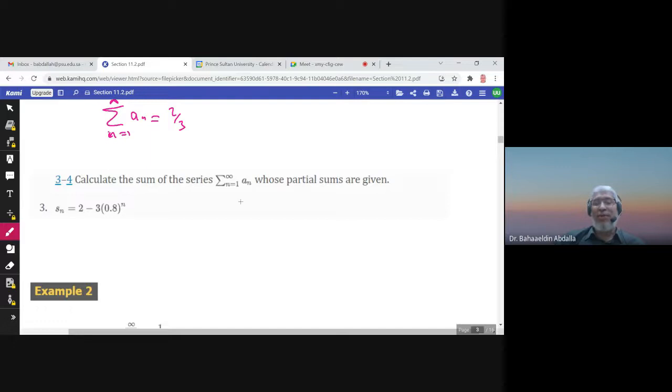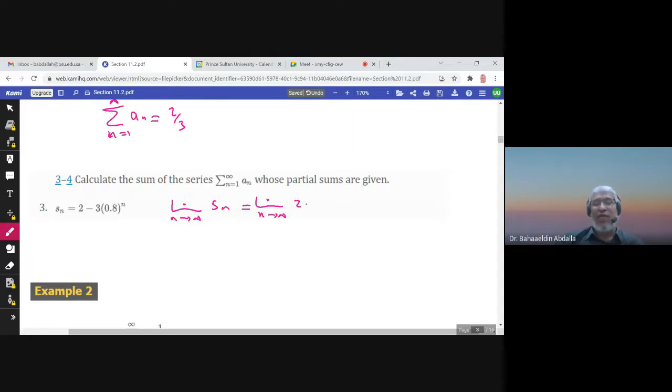Question: calculate the sum of this series whose partial sums are given. So Sn is given. So let us find the limit of Sn when n goes to infinity. Well, 0.8 to the power n, this is in the form r to the power n. And r is less than 1, 0.8 is less than 1.